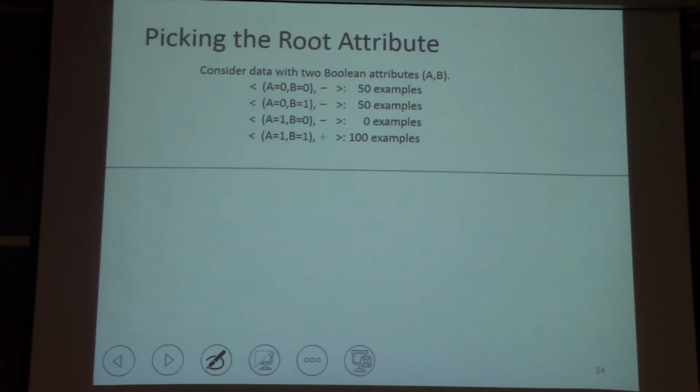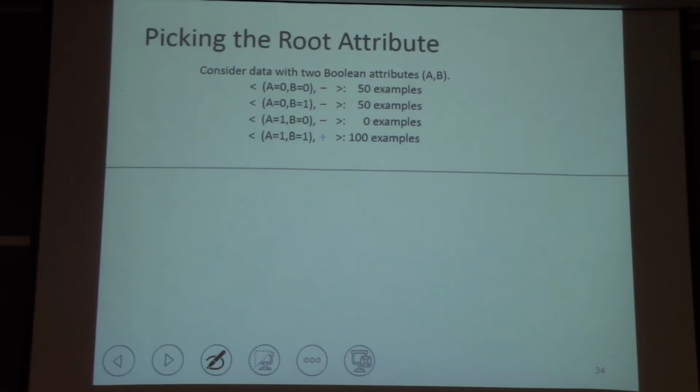Irrespective of which root you pick, you might end up fitting the training set, because you're going to go all the way down the tree, unless there is noise in the data, or unless you come to nodes that are not purely labeled. You've run out of attributes and your data set does not have a single label. In that case, you make a choice. You pick the most frequent one, and that's where these things will differ.